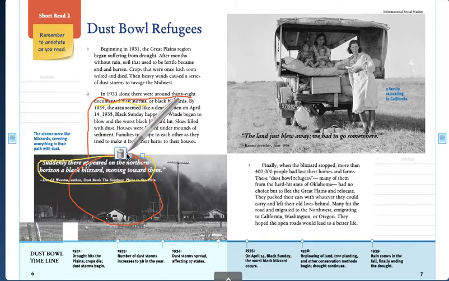suddenly there appeared on the northern horizon a black blizzard moving toward them. So what part of the text does it support? I think it's in paragraph 2 again. It's the same thing. So it's talking about on April 14, 1935, Black Sunday happened. Winds began to blow and the worst black blizzard hit.